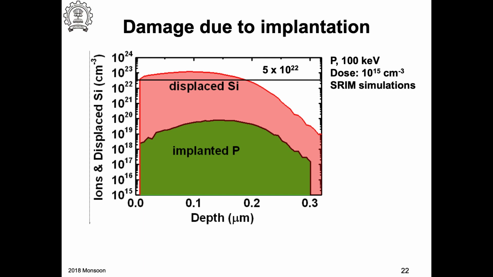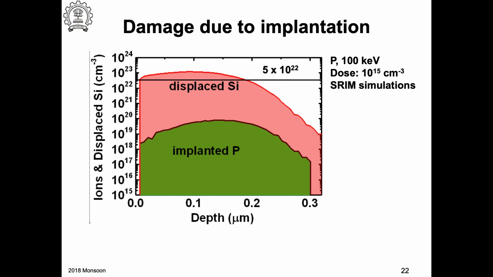So if I count all the displacements, this is an example of an SRIM simulation at 100 keV with phosphorus, with a dose of 10^15, and you get the implanted profile like this. But you see the displaced silicon atoms.